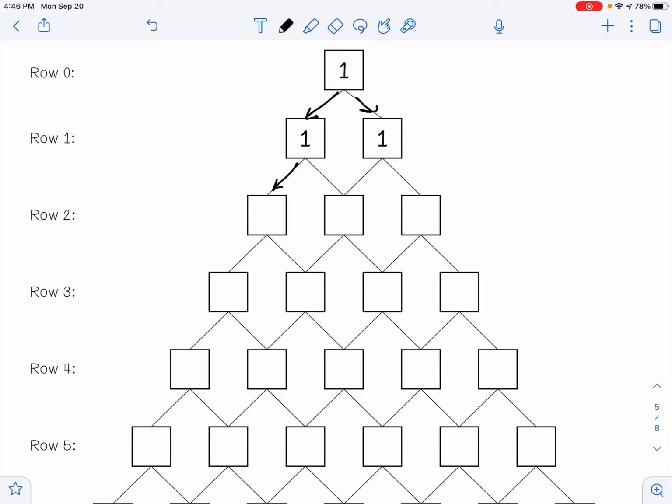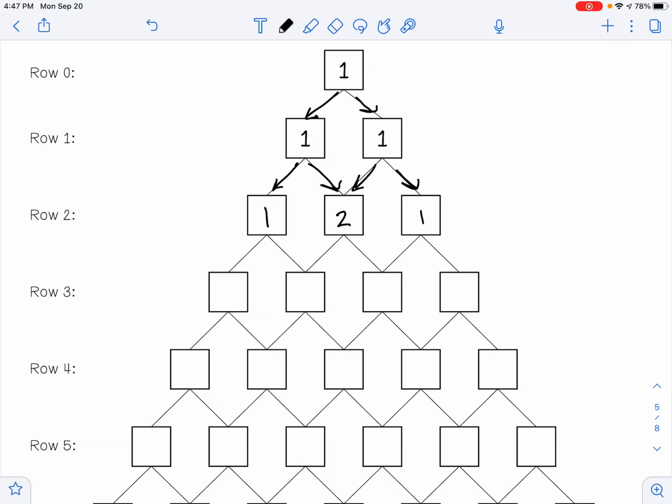There's only one way to get to this box here. But to get to this middle box, there are 2 ways of getting there, right? Because you could start at the beginning, and you could go here and then here. Or you could start at the beginning and go here and then here. So because there are 2 different ways to get here, that is why there is a 2 here in the middle. There's only one way to get to this one.